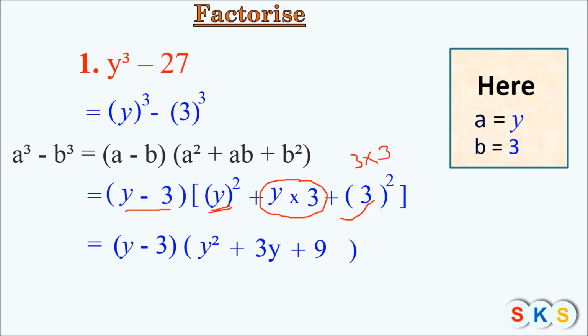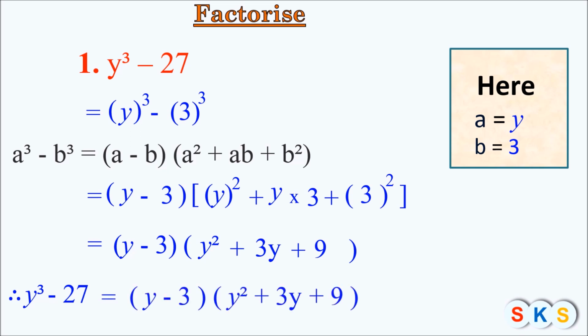We close the bracket. So we have simplified the second bracket also. Therefore, y raised to 3 minus 27 is equal to y minus 3 into y square plus 3y plus 9.